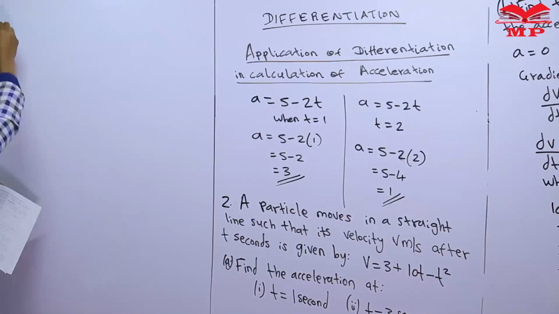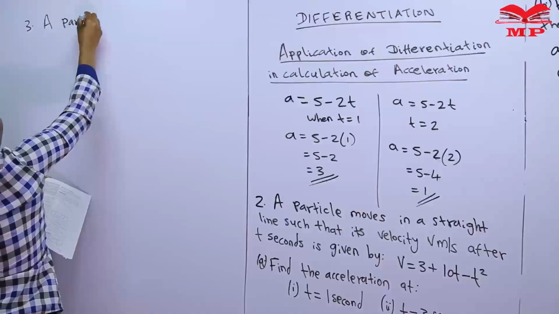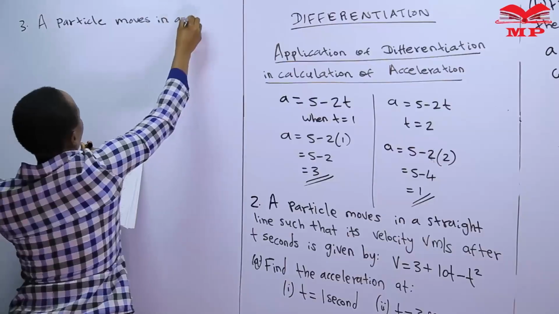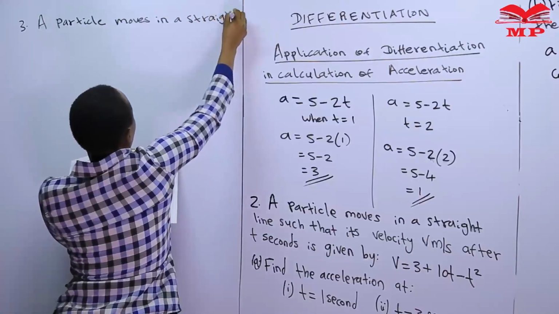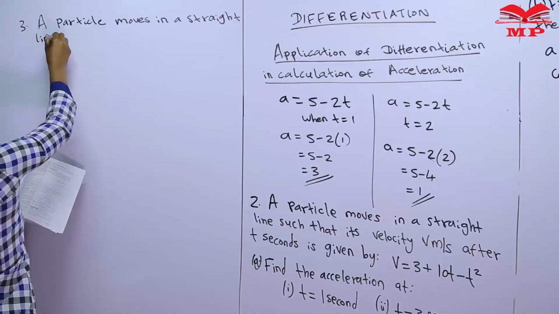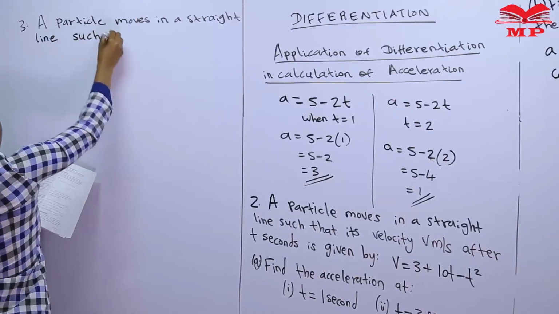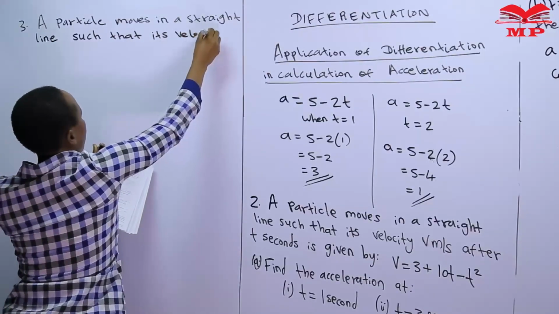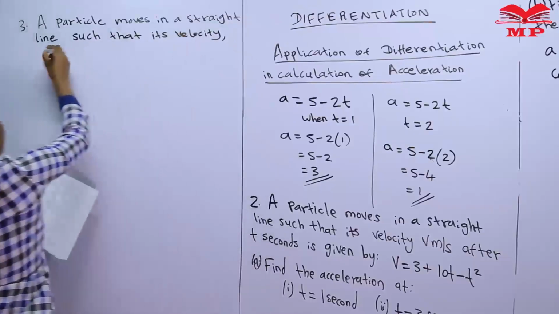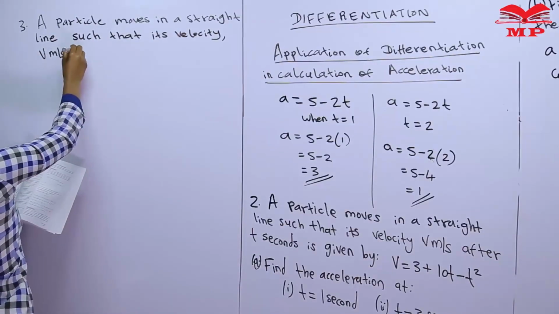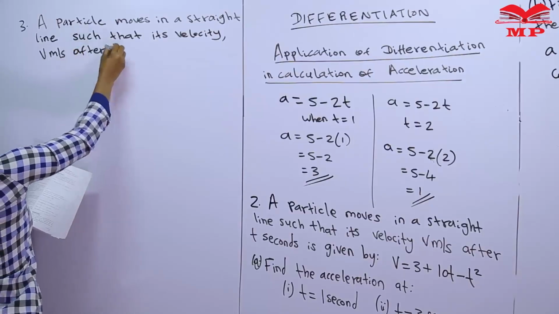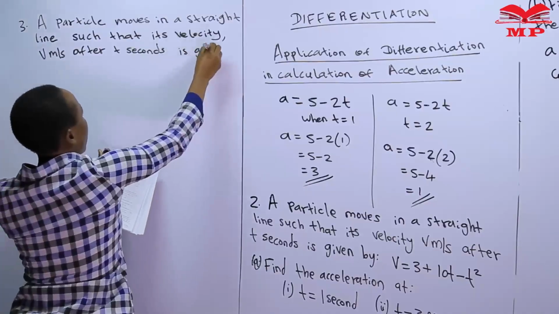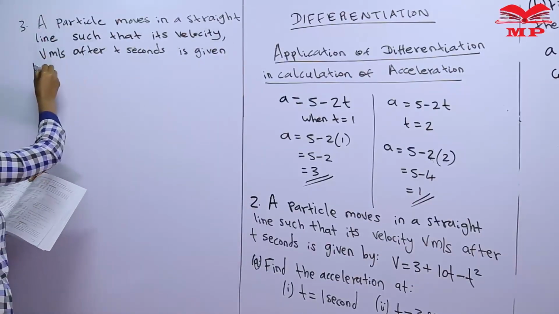We are given a particle that moves in a straight line such that its velocity v meters per second after t seconds is given by the following equation.